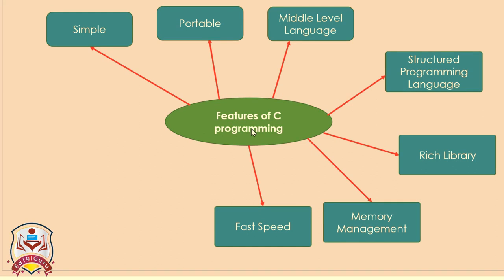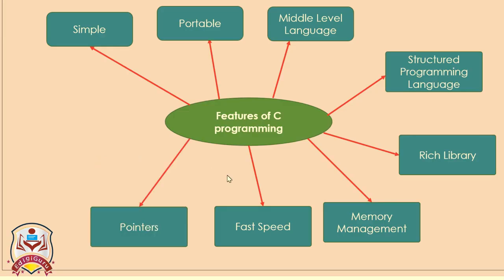The next important feature of C language is fast speed. The compilation and execution speed of C programs is quite good, and that's why we can say that it is faster in speed. It is one of the features of C language, faster speed.